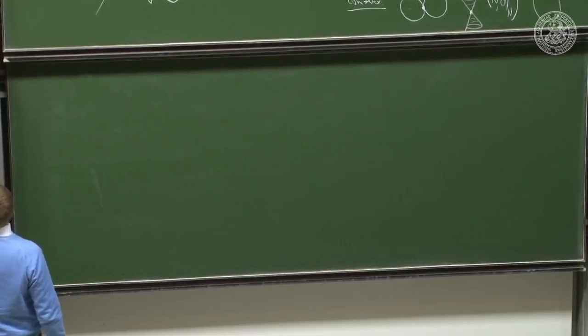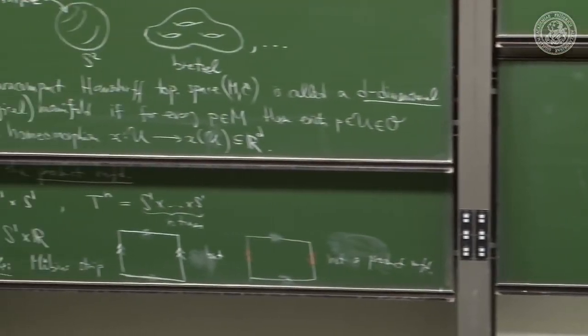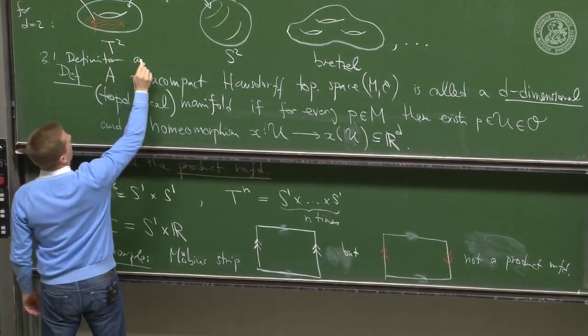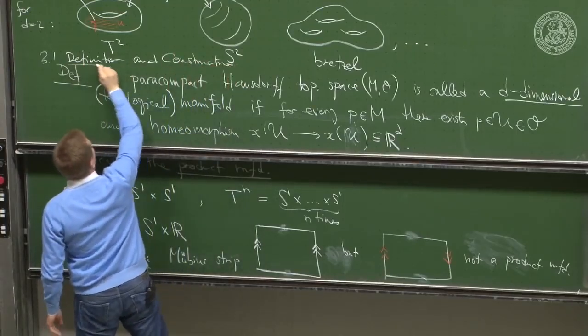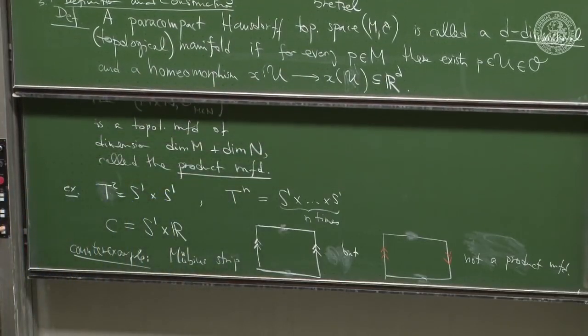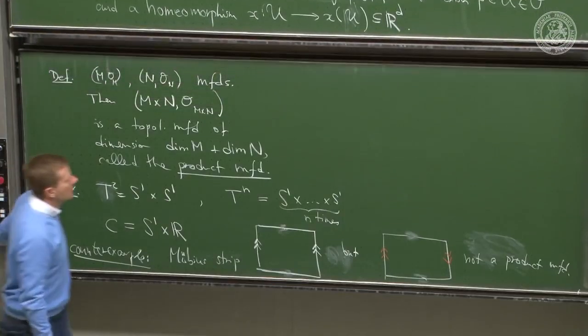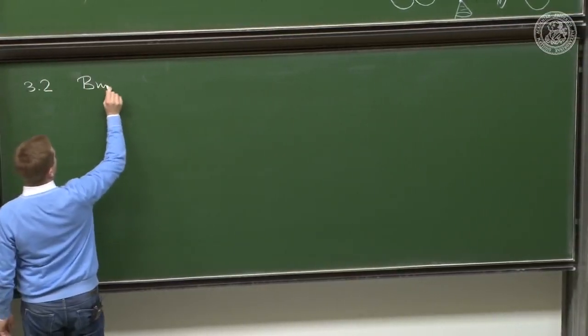So I guess up there I should have written 3.1 definition and construction of topological manifolds. And now we come to 3.2, bundles.